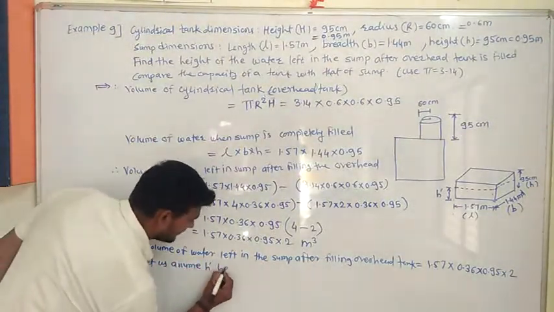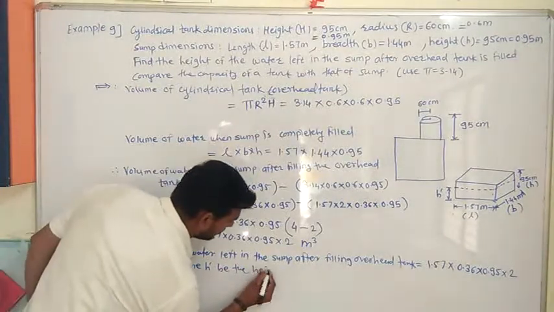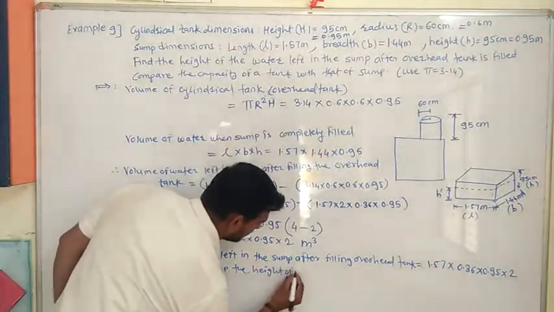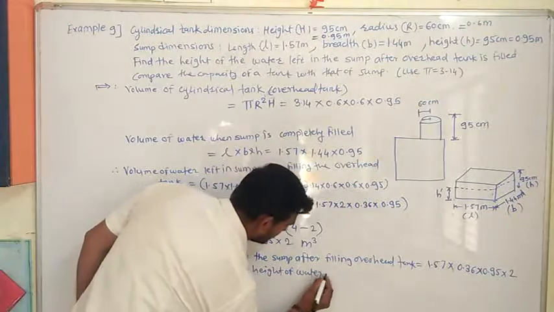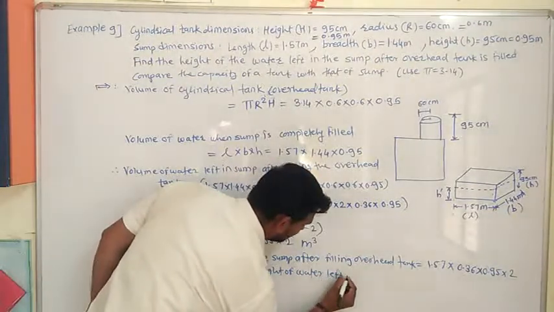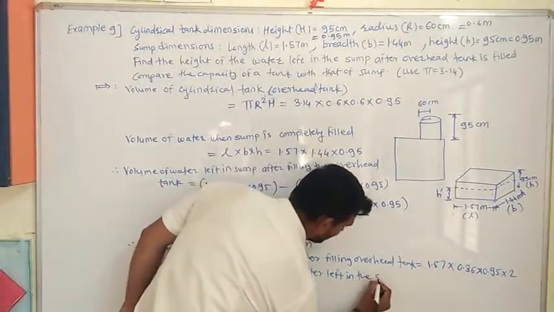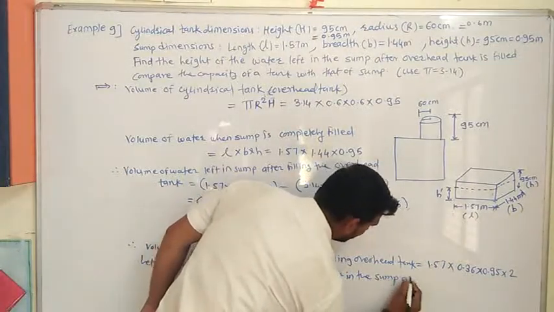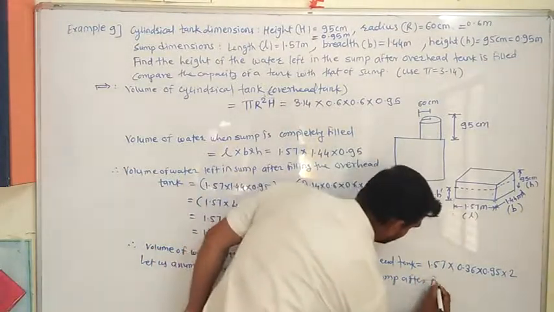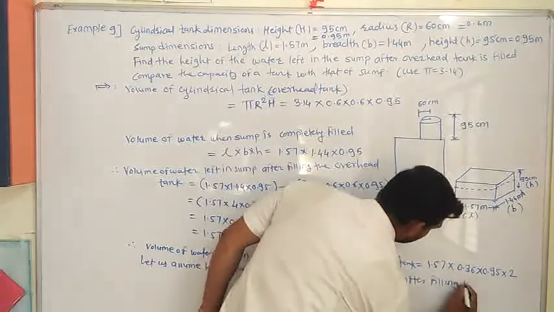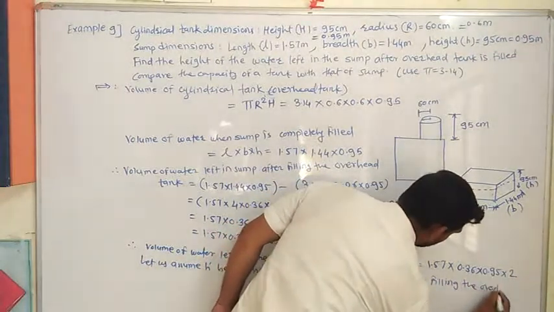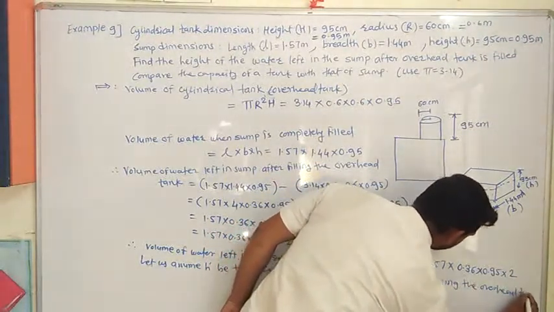H dash be the height of water left in the sump after filling the overhead tank.